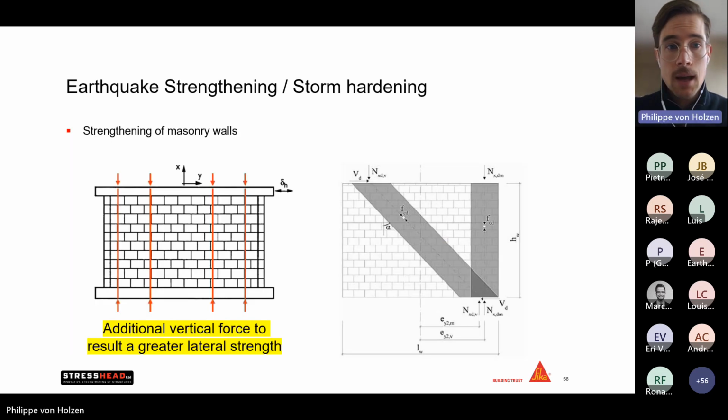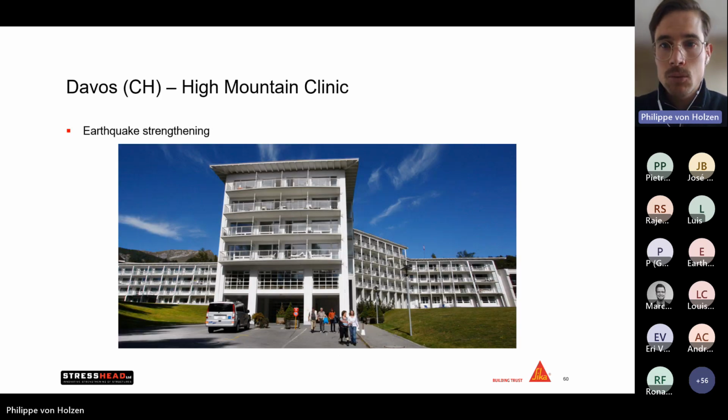And as well, to give you an idea how the system is used for vertical strengthening or for seismic upgrade, basically the idea is that we apply an additional vertical force to result in a much greater lateral strength in the structure itself. A very big project where we were able to install the system in such a way was in this high mountain clinic in Switzerland.